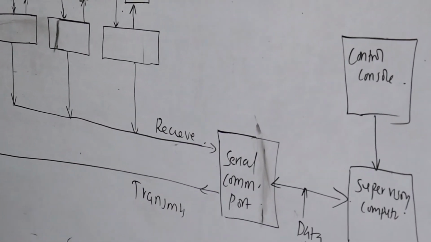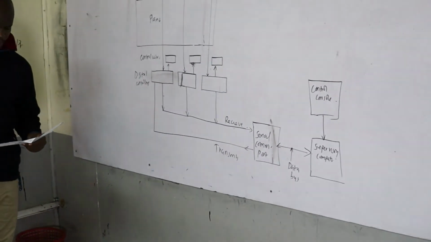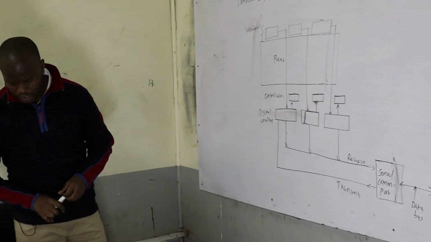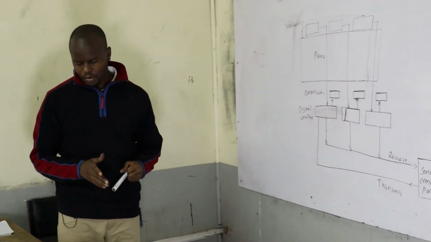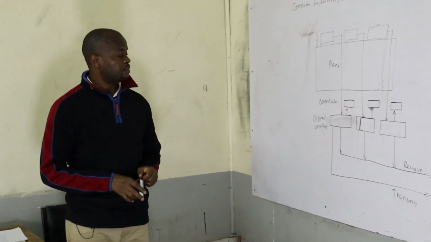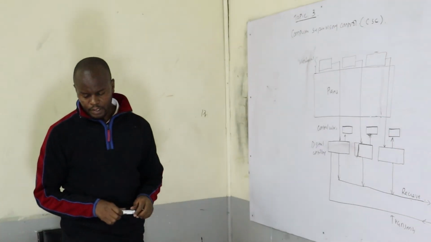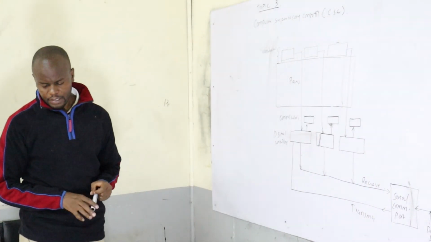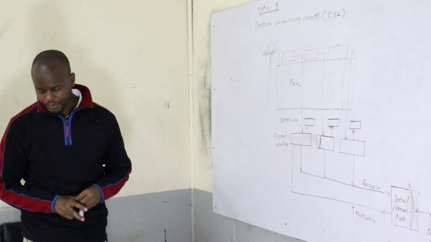You'll find that when you talk of computer supervisory control, each digital controller usually controls one section of the plant. This is always by means of a closed loop involving its own sensors as well as the control valves.